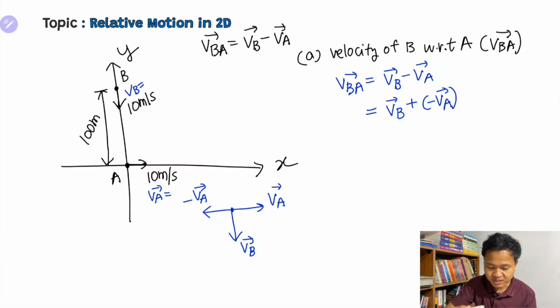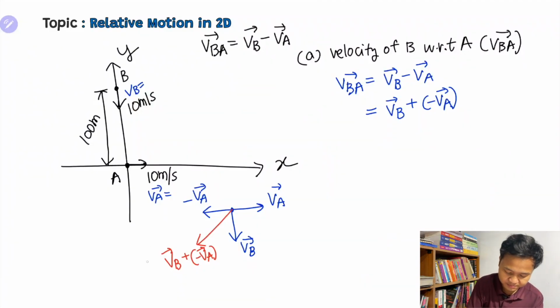The resultant of VB and minus VA will be along this side. So this is VB plus minus VA. Okay, so this is the resultant.